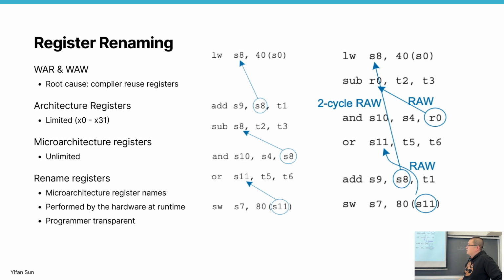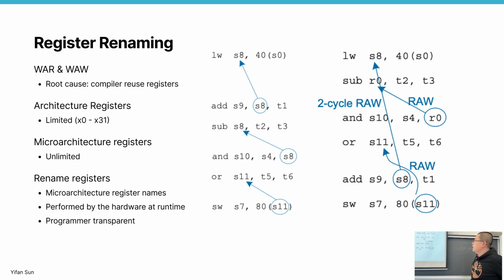The second chain is this OR and store. If we rename this as R0, we know load and is one chain of execution, sub and is another chain of execution, and OR and store is another chain of execution.